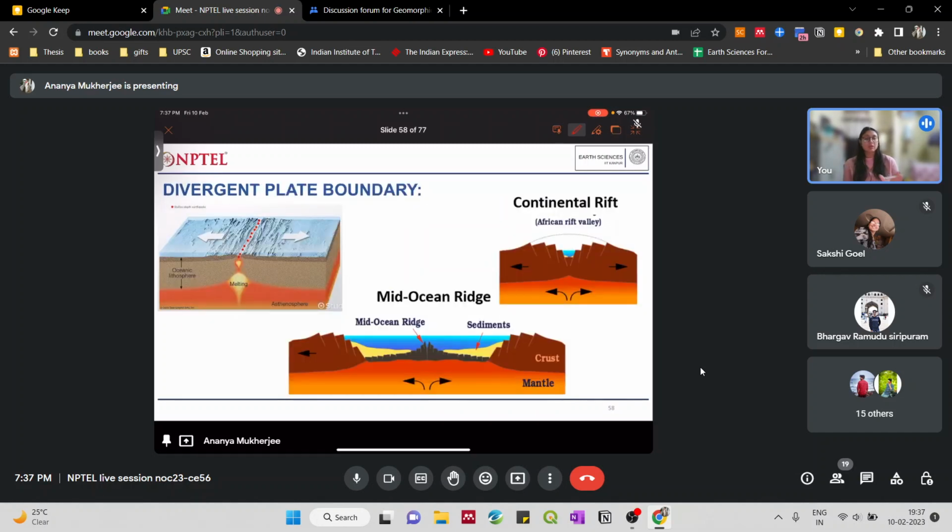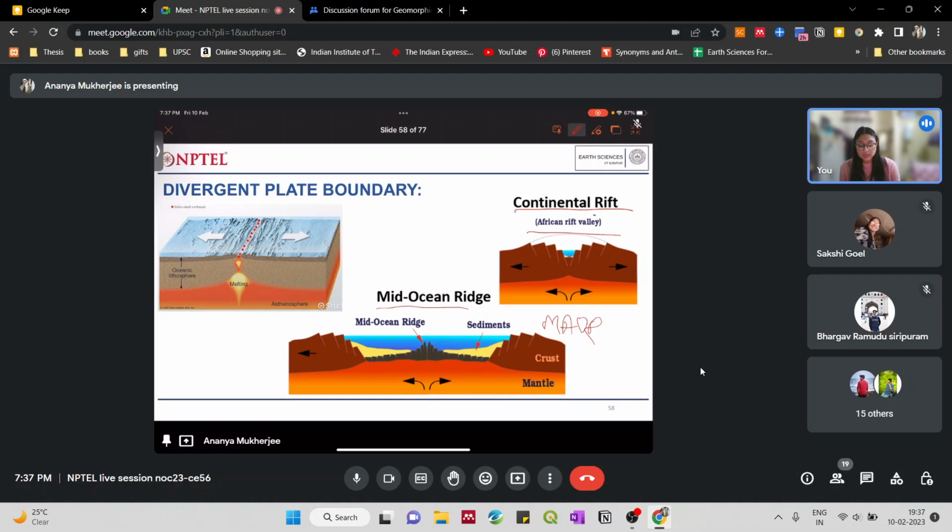So now we come to divergent plate boundaries or constructive plate boundaries, where new crustal material is getting formed. You can have two types of divergent plate boundary feature: one is your continental rift and one is your mid-oceanic ridge. African Rift Valley is one example, and also the Mid-Atlantic Ocean ridge is an example of the mid-ocean ridge.